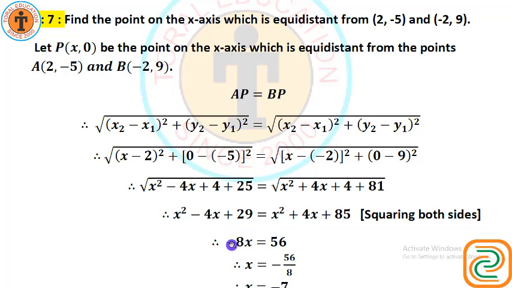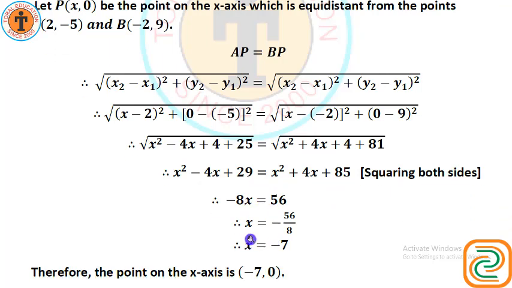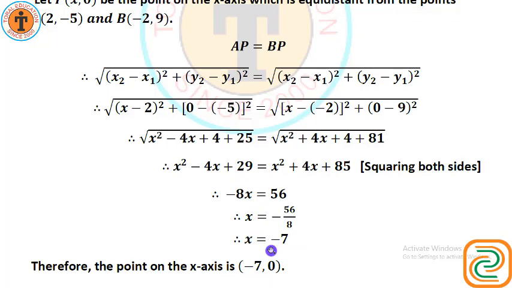So minus 4x minus 4x, that is minus 8x, equals 85 minus 29, that is 56. Look at this, x equals minus 56 upon 8, that is x equals minus 7. Therefore, the point on the x-axis is (-7, 0) because we have got x equals minus 7.